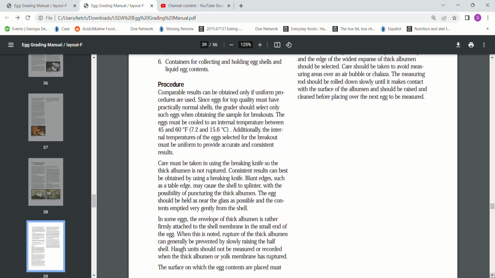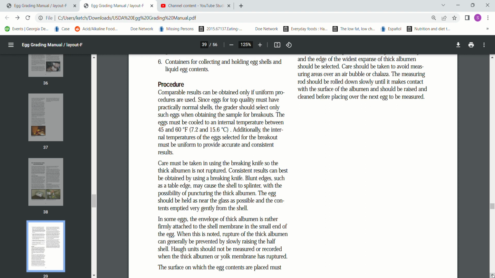Procedure. Comparable results can be obtained only if uniform procedures are used. Since eggs for top quality must have practically normal shells, the grader should select only such eggs when obtaining the sample for breakouts. The eggs must be cooled to an internal temperature between 45 and 60 degrees Fahrenheit.